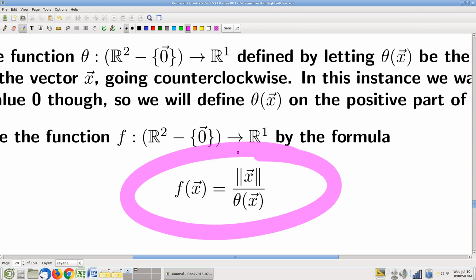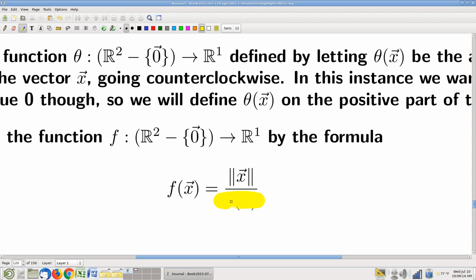You give me some vector x other than the origin. The origin doesn't have a well-defined angle, right? But other than the origin, magnitude is perfectly well-defined, angle is perfectly well-defined. You could divide them. Perfectly well-defined function. There's a minor detail we have to talk about.